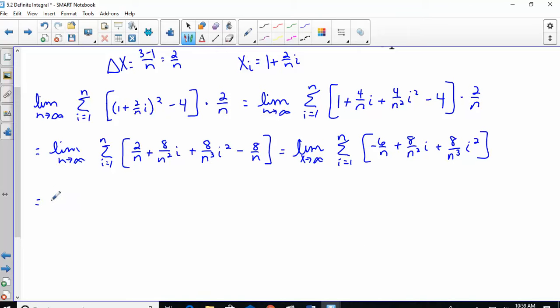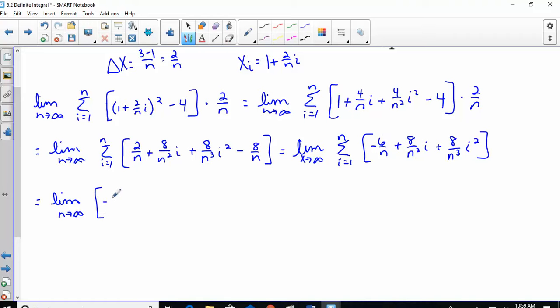Now I'm going to do my summation rules. So my limit stays, but my sum is going away because we're actually evaluating that part now. This doesn't have an i in it, so it's like a constant.